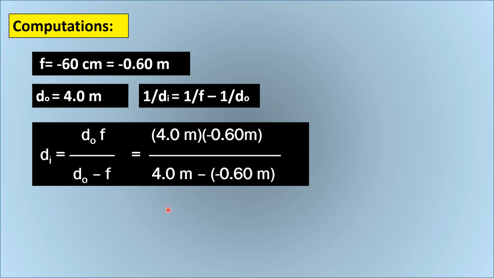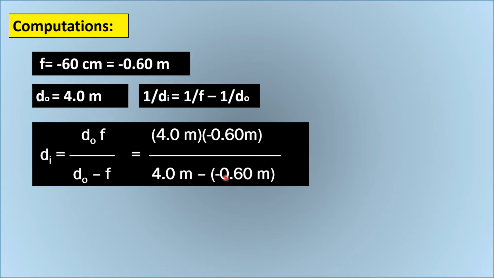So when we substitute the given object distance and the focal length, we have for the numerator 4.0 meters multiplied by negative 0.60 meters, all over 4 meters minus the negative of 0.60 meters.